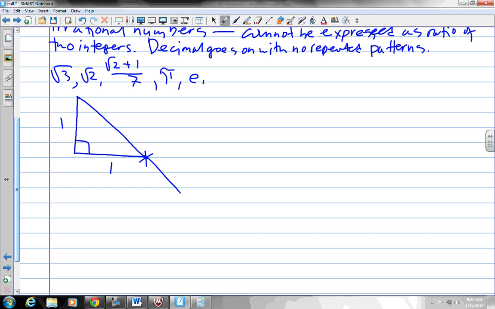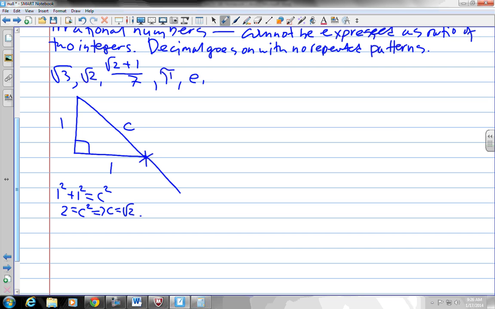Well, then by the Pythagorean theorem, a squared plus b squared equals c squared. So that means 1 squared plus 1 squared equals c squared, right? Well, what is 1 squared? 1, so 2 equals c squared, therefore c is square root of 2, right? So I can construct square root of 2.